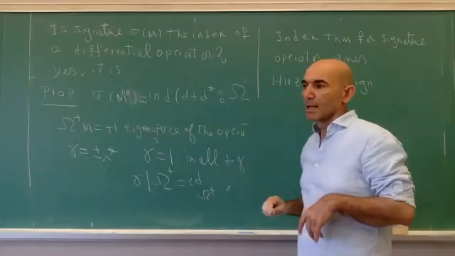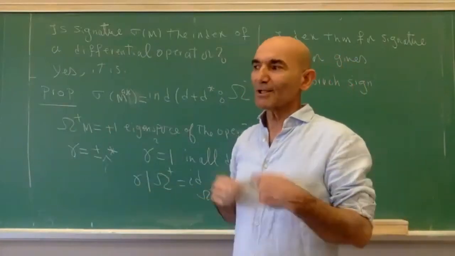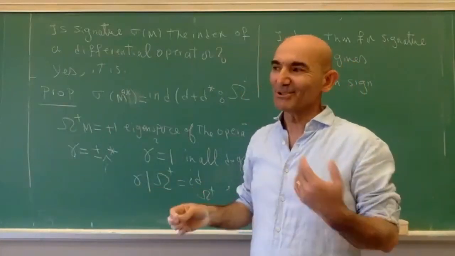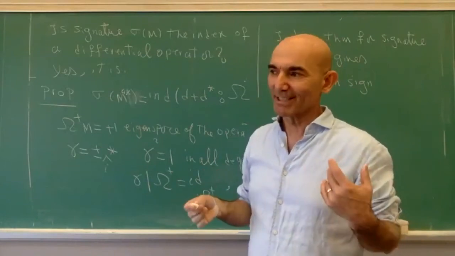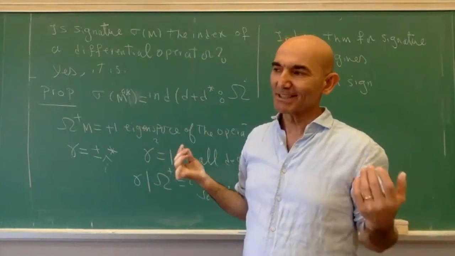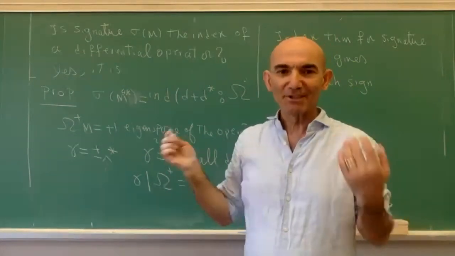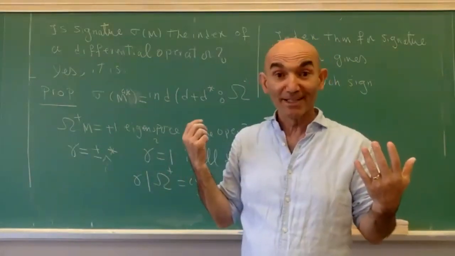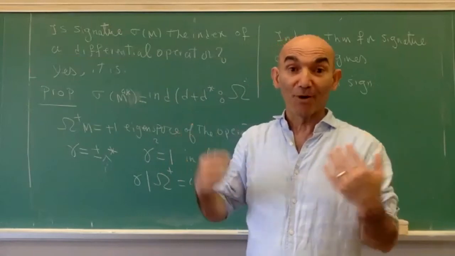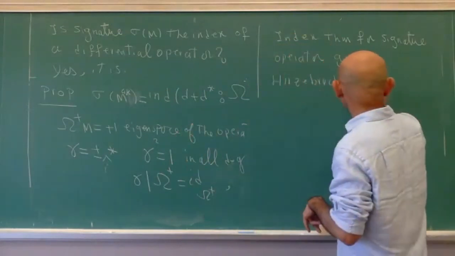Like the Gauss-Bonnet theorem that already existed. So Euler gives you the expression for the Euler characteristic. The signature theorem of Hirzebruch also gives you an expression in terms of an integral of some differential forms for the signature operator. Okay. So the Hirzebruch signature theorem.